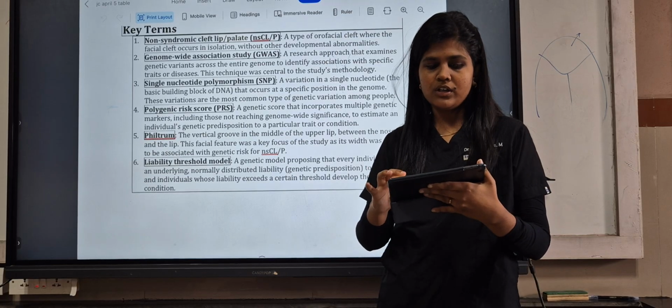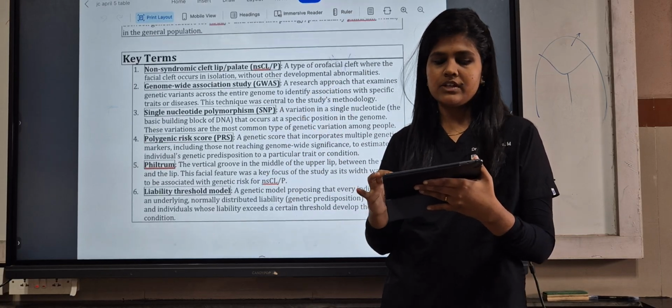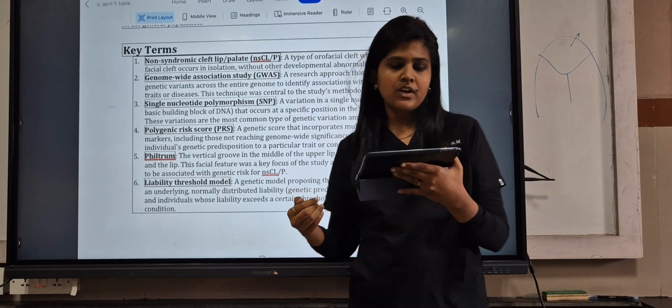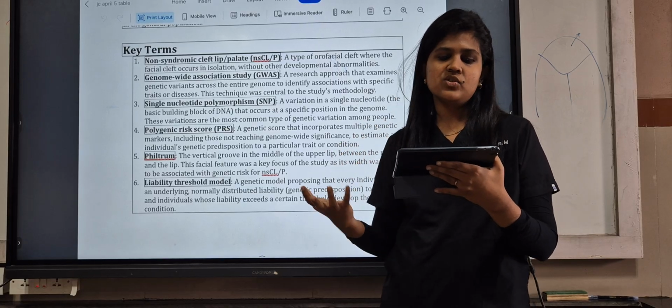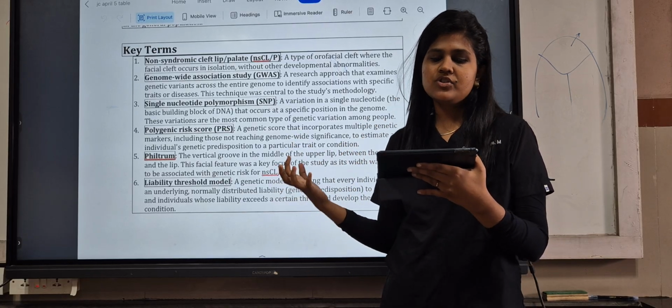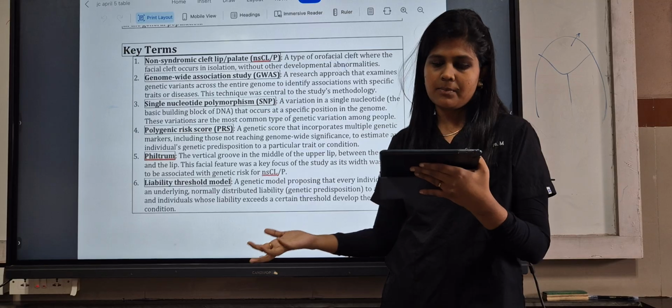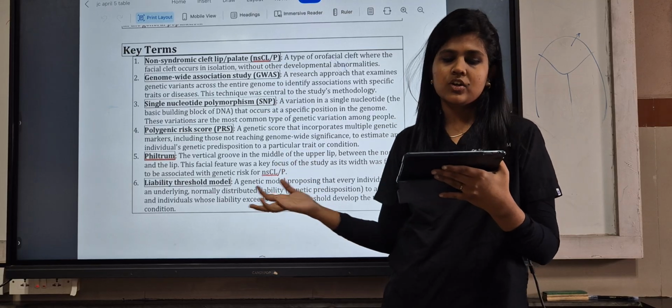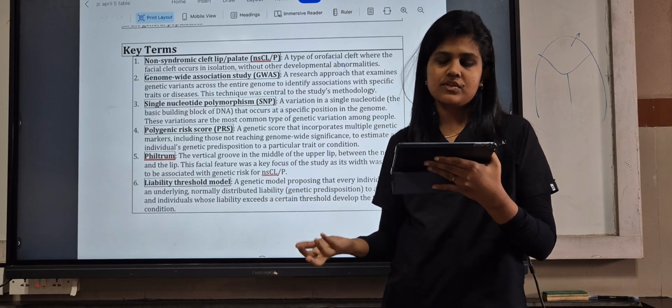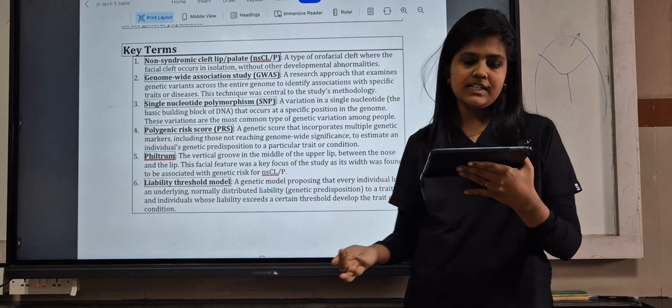Before moving on to the methodology in detail, there are certain key terms we have to know. The genome-wide association study, which they used here, is a research approach that examines genetic variants across the entire genome to identify associations with specific traits or diseases.